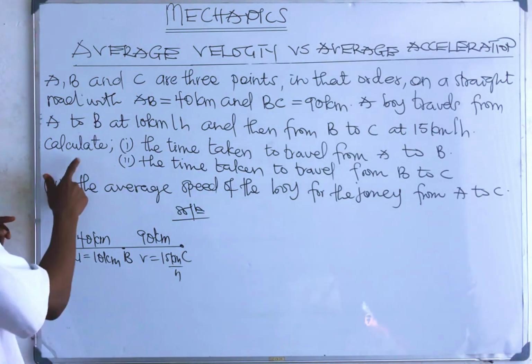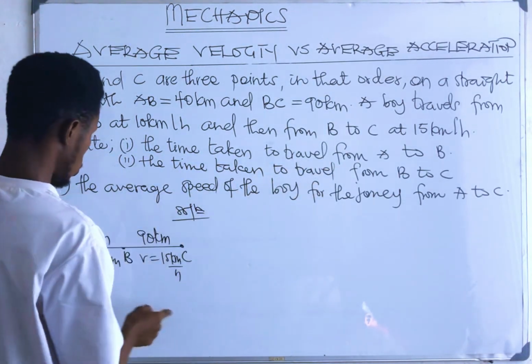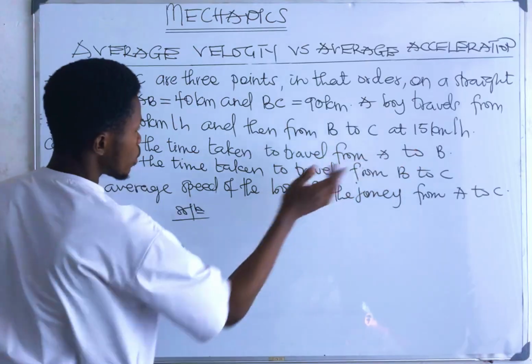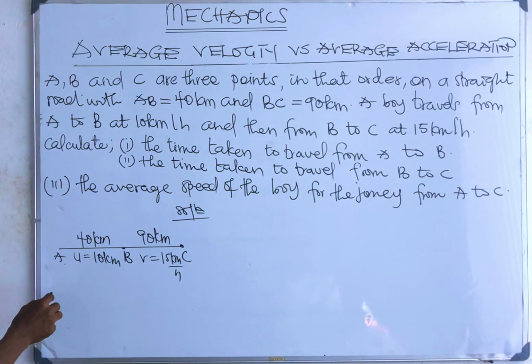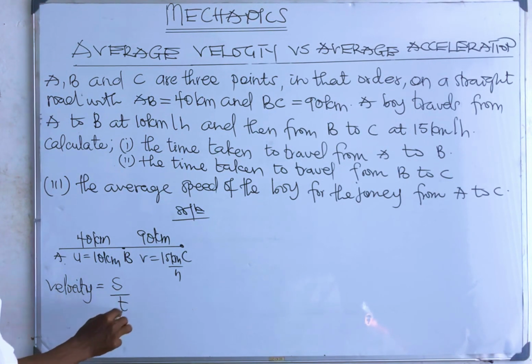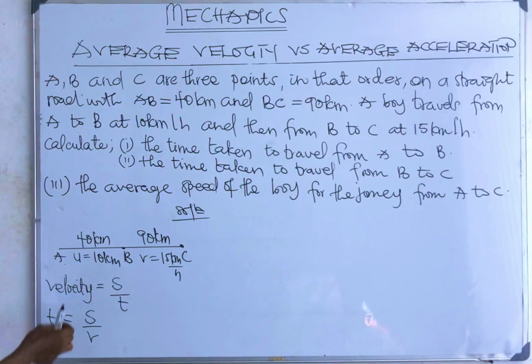Now calculate the time taken to travel from A to B. So let's see how we can do it. We know that velocity is equal to the displacement, or the distance, depending on the one you are using. So if I'm using distance, s over time, my time will be equal to distance over the velocity.